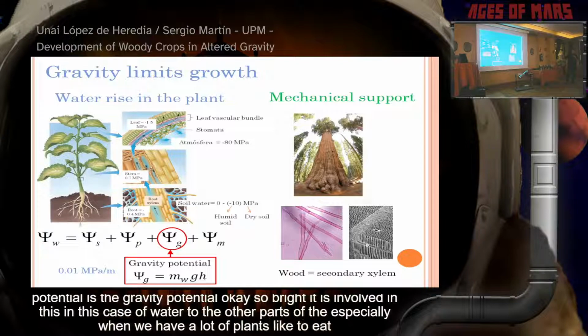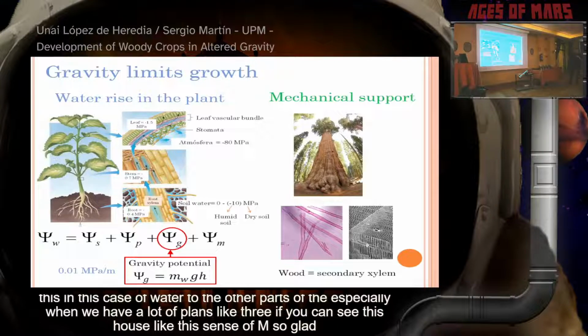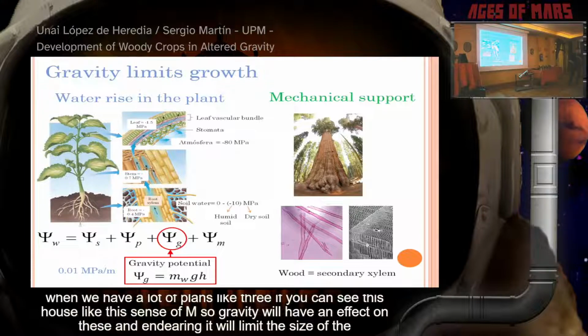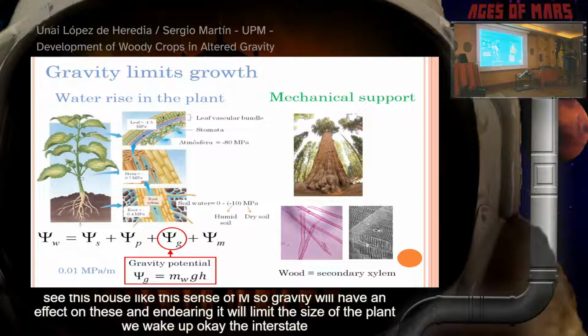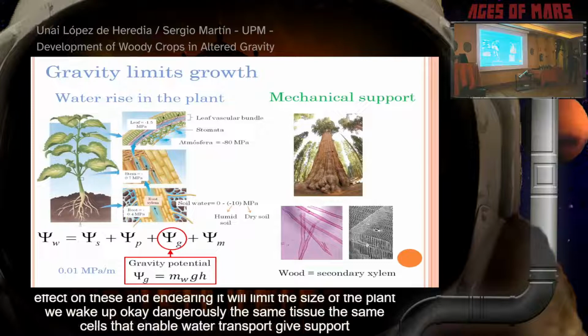This is a sequoia. As you can see, this has like dozens of meters. So gravity will have an effect on this, and in the end it will limit the size of the plant we will have. Okay? Very interestingly, the same tissue, the same cells that enable water transport are those that give mechanical support to the plant.